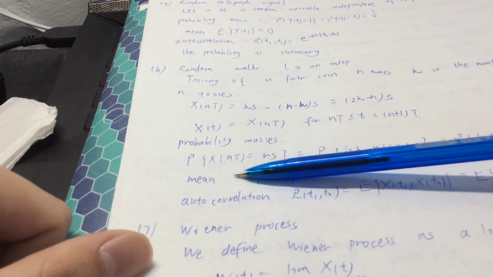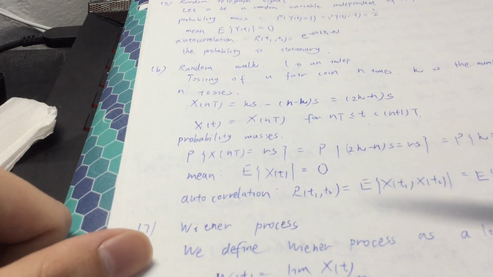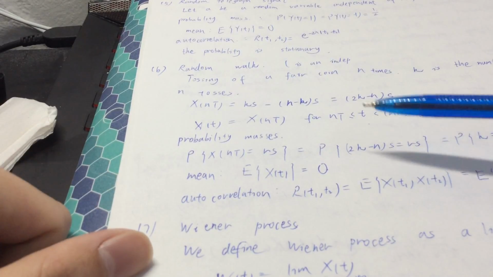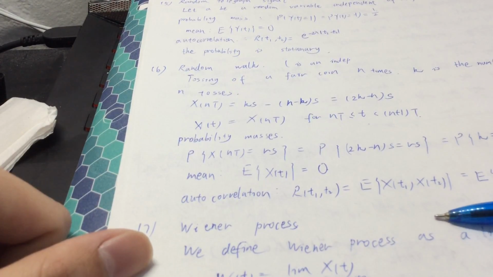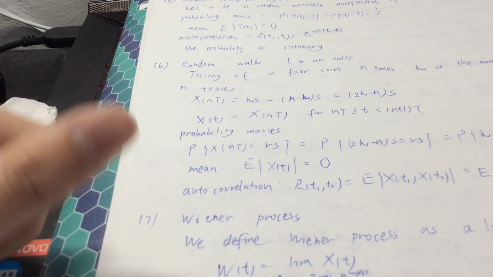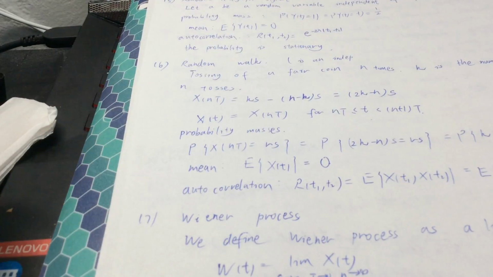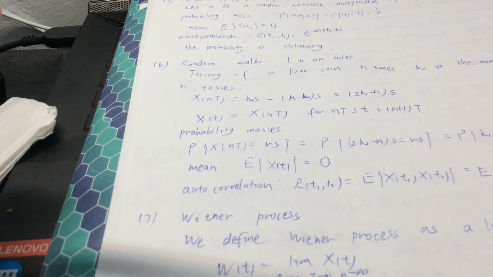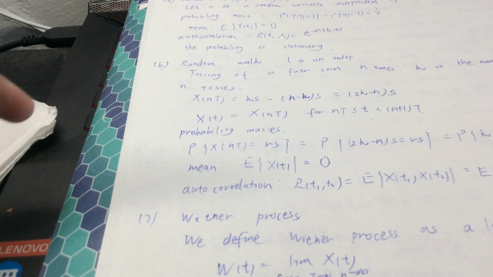So this is the probability mass function, and the mean is also equal to 0, and the autocorrelation is equal to the minimum of n and m times s square. From the probability mass function, we get that when n goes to infinity, it's a little like the Gaussian density.